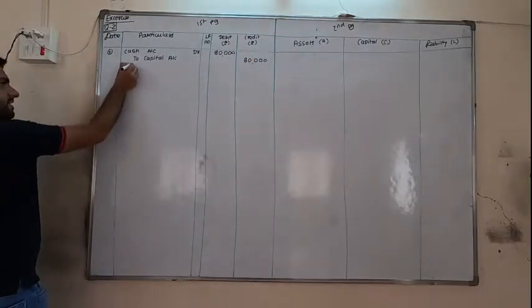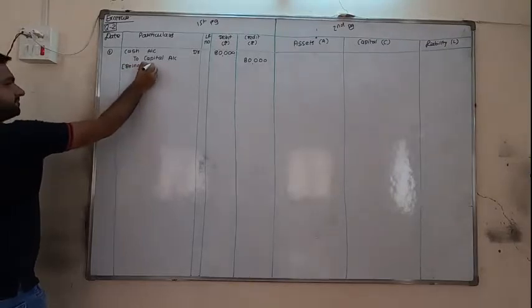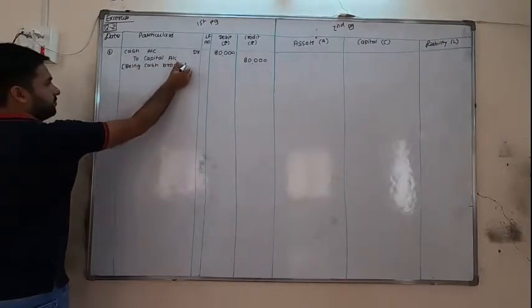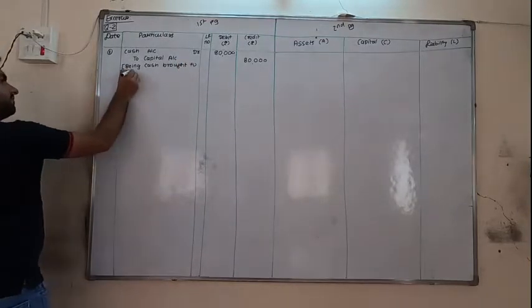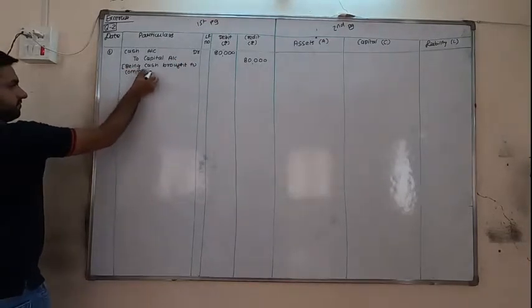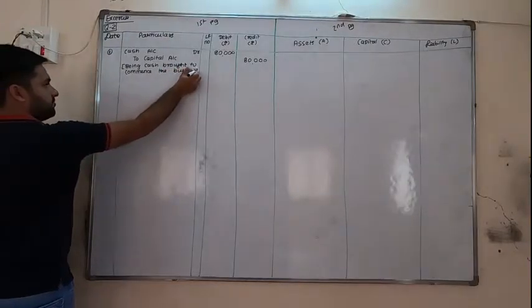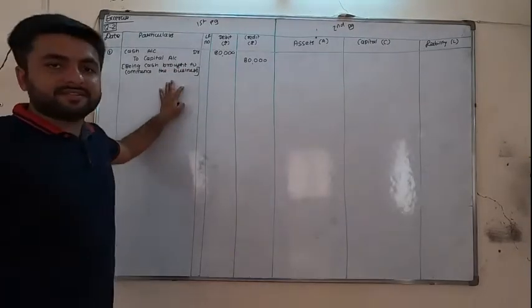Narration is also required, being cash brought to commence the business. So you will get 1 mark for writing this entry.